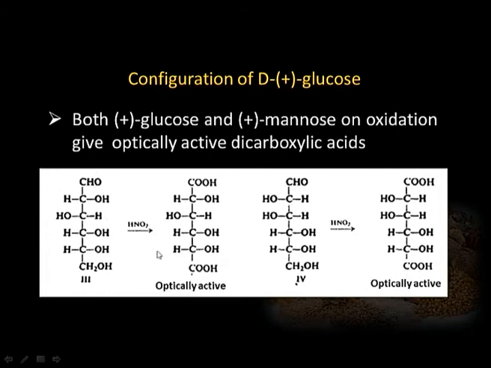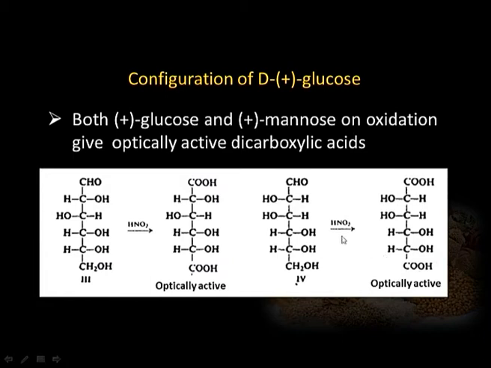When it is oxidized, we will get this dicarboxylic acid and it will be optically active because it has no plane of symmetry in it. And if structure 4 is taken and oxidized, again we will get an optically active dicarboxylic acid because it also does not have any plane of symmetry. So, what we observe is that if the glucose mannose pair is 3 and 4, both give optically active acids.